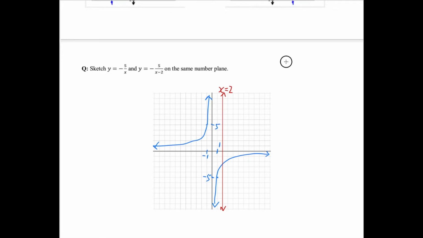So when x equals 0, what does y become? y is equal to minus 5 over 0 minus 2. So what does this become? This becomes minus 5 over minus 2, which is 5 over 2. Right? So now we have the intercept of 5 on 2. So this is 2. So this is 5 on 2.